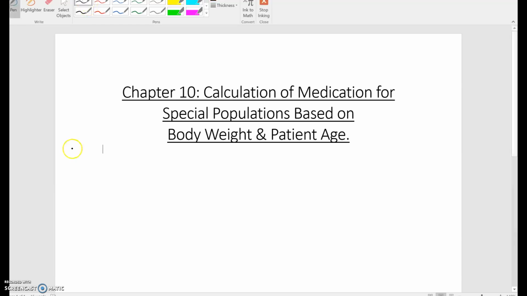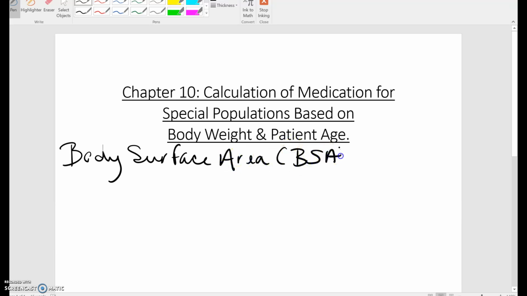surface area. Remember, your body surface area has the abbreviation BSA, and its units are m squared. Now, you can think of the body surface area as another unit of the patient. So instead of the patient having their weight in pounds or kilograms, their body surface area is quote unquote their weight.